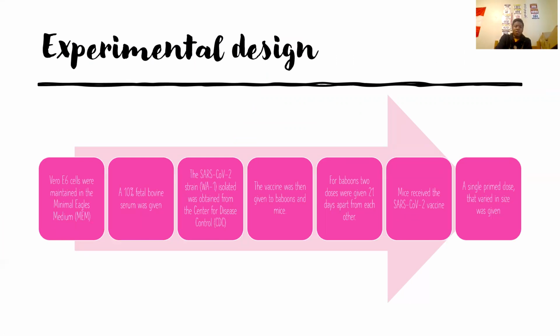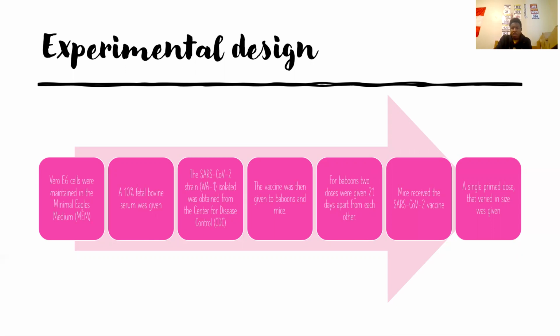So the design for this experiment was first, Vero E6 cells were maintained in the minimum essential medium, known as the MEM. A 10% fetal bovine serum was given. Then the SARS-CoV-2 strain WA-1 was isolated and obtained from the Center for Disease Control, the CDC.